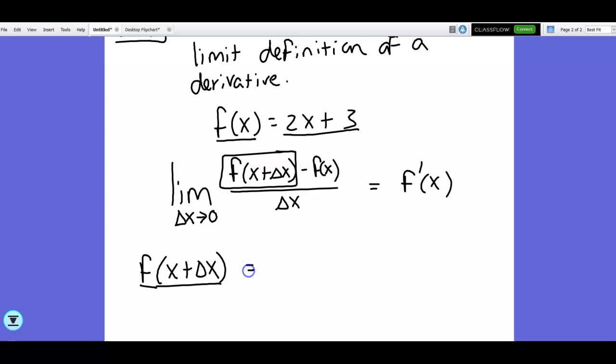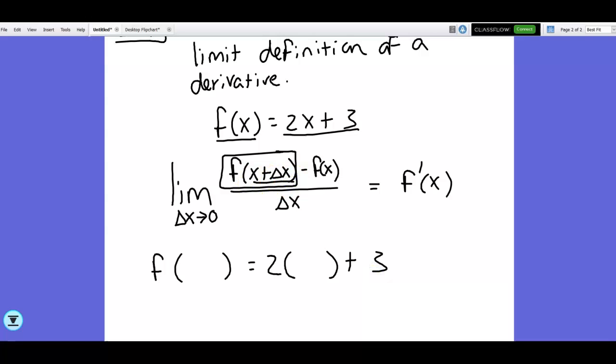So what I'm going to do is I'm going to take my function, f of x is equal to 2x plus 3. And what I'm going to do is I'm going to plug x plus delta x into it. Just like that. And then I'm going to simplify it if I can.